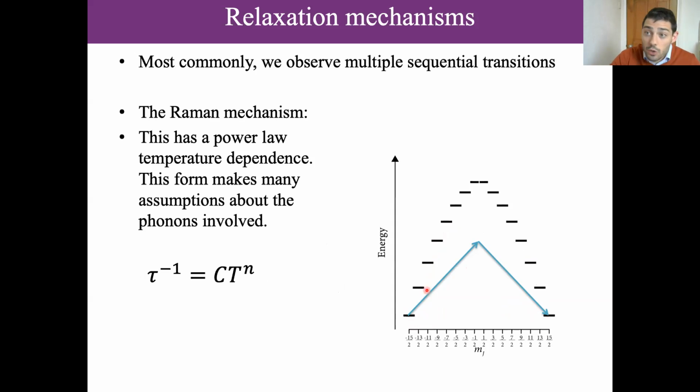But again, this could feasibly happen between any other pairs of states. It's just that usually we see it at low temperature where these are really the only states that are going to be involved. And I haven't mentioned any field dependence of this. Of course, everything here is field dependent, and there are other transitions that can happen once you start applying large magnetic fields and things like this as well.